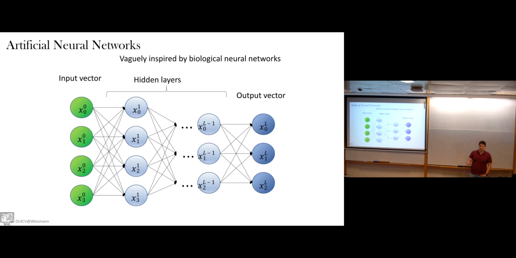So these are going to be the things that we are later going to train and change when we do the training phase. And these are built such that between every two layers, every neuron is connected to any other neuron.